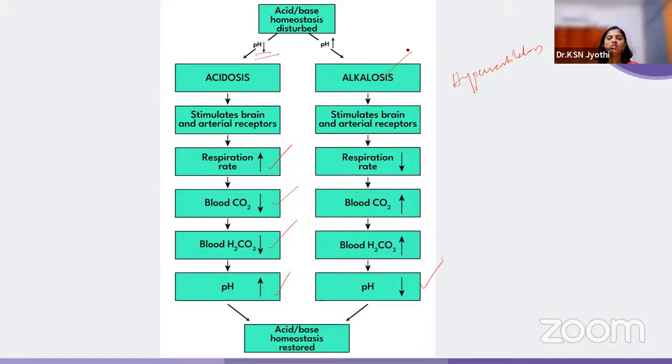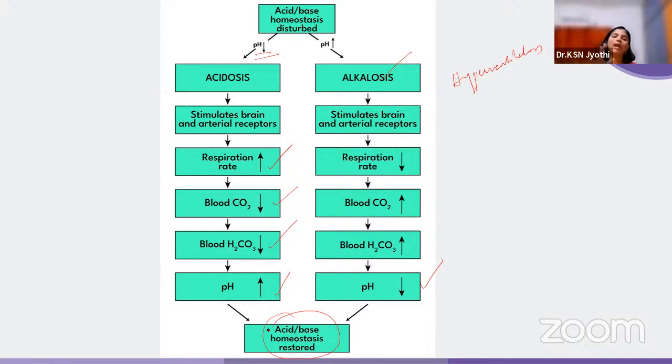But we are talking about a situation where it is only a minor change. Imagine if a condition like this exists for a longer time, then the acid-base homeostasis is not restored, resulting in either a continued increase in the pH or a continued decrease in the pH, resulting in conditions like acidosis or alkalosis.